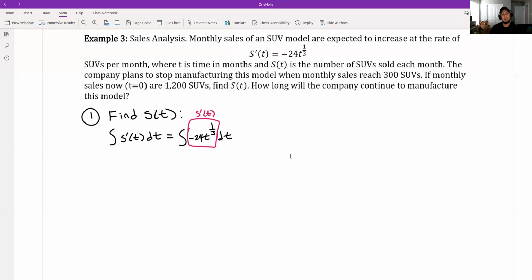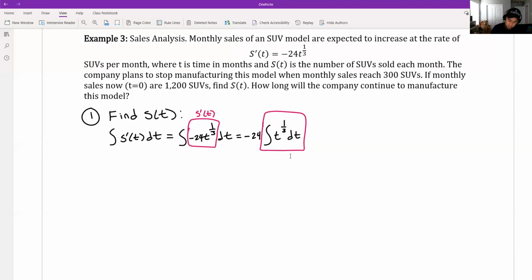Okay. Now, let's find the antiderivative. The first thing I'm going to do is take out the negative 24. So, negative 24 times the integral of t to the 1/3 dt. We are now ready to find the antiderivative by taking the integral of t to the 1/3. And guess what? Power rule.